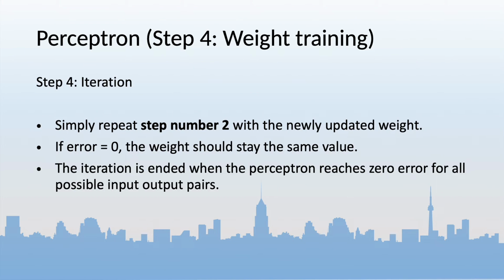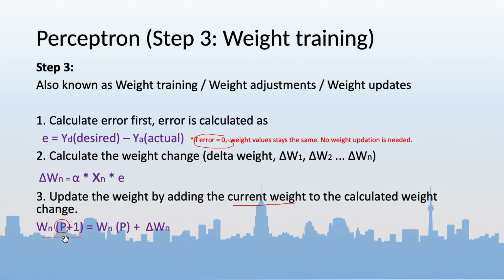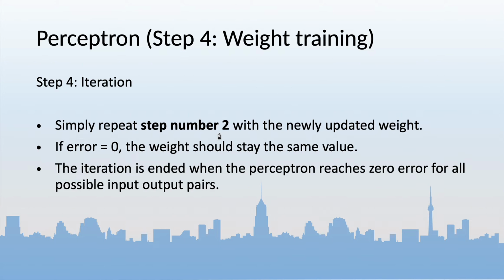Okay, so the next step is iteration, step 4. So repeat step 2 with the newly updated weight, which is this one. But if the error is 0, the weight should stay the same value.